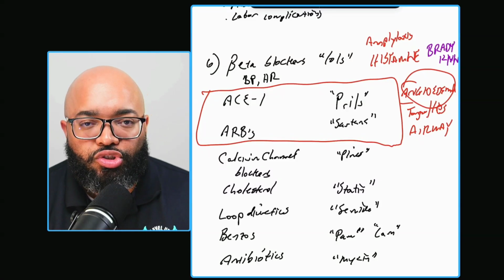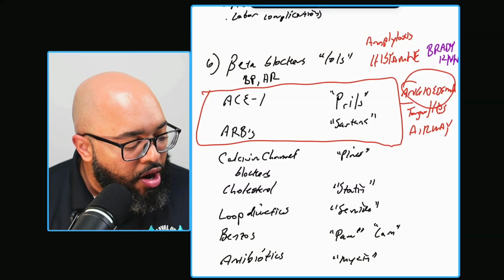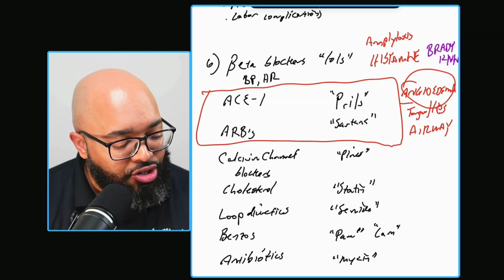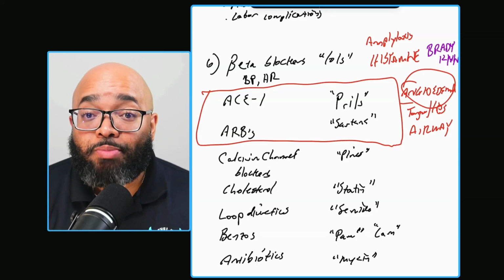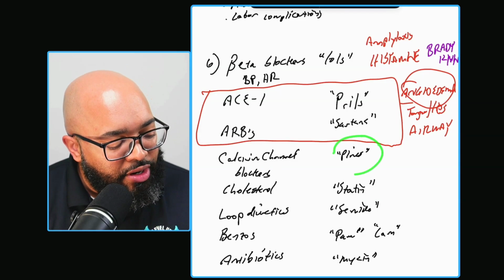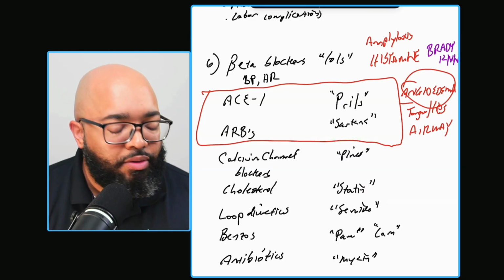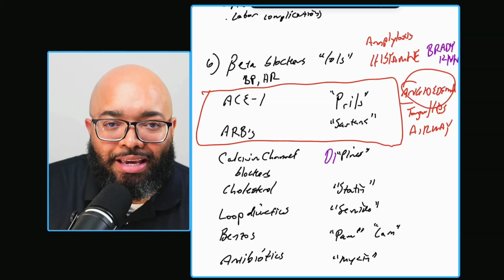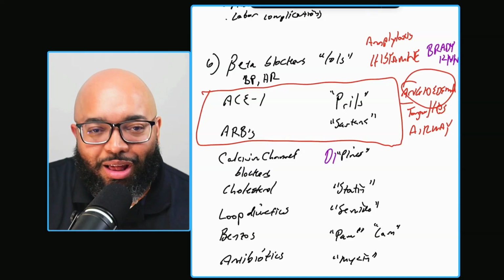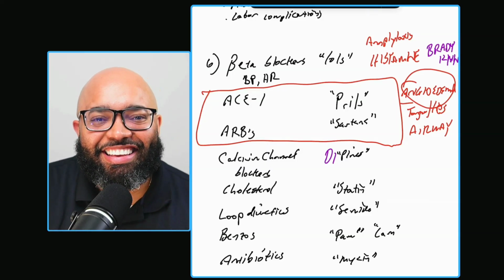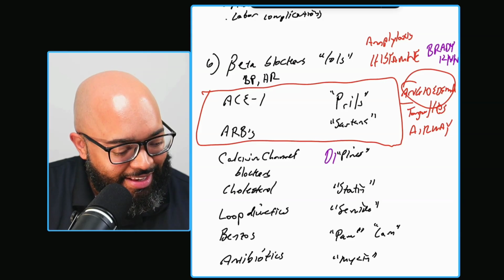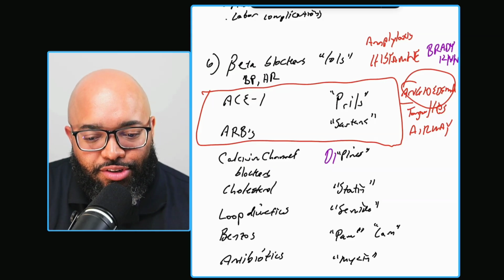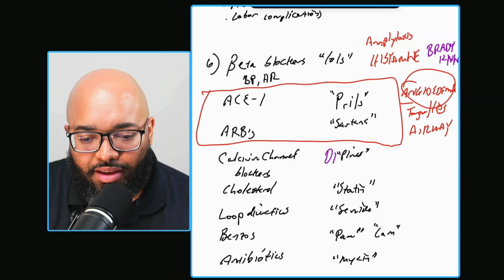Some other drug categories to know are your calcium channel blockers. They're also used for blood pressure, and for a lot of other situations, like Prinzmetal angina. These are your dipines: amlodipine, nifedipine, nicardipine. Those are what kind of calcium channel blockers, Billy? Calcium channel blockers come in two flavors.